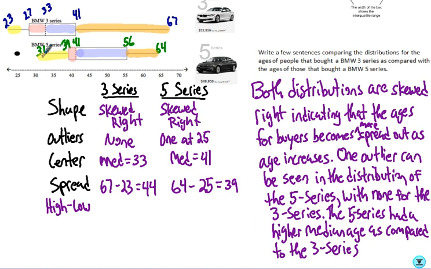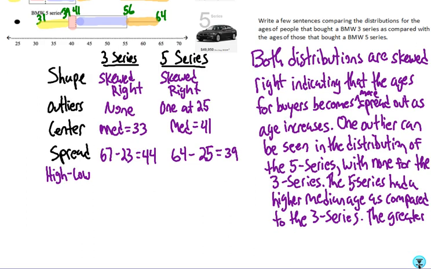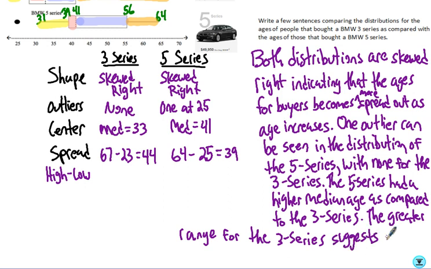So the greater range for the 3 Series suggests greater variability.